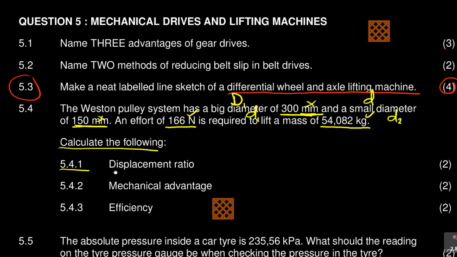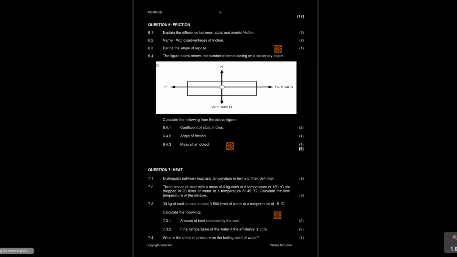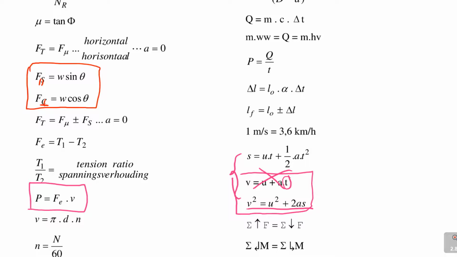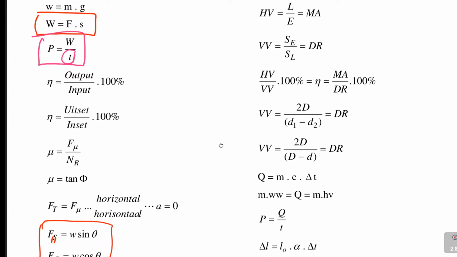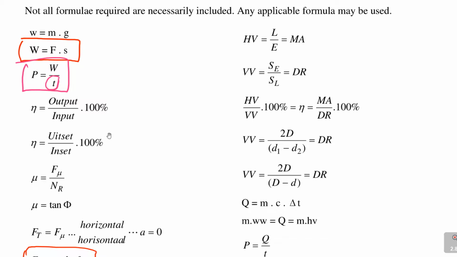So now let's go to the formulas here. Just rely on your formula sheet. Look at this. Where they talk about the differential wheel and axle, there it is. We are here. You can use these 2 formulas. You see? D and D2.